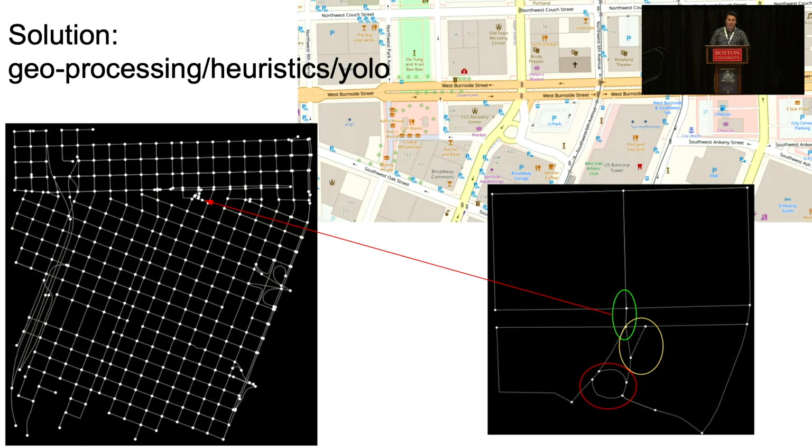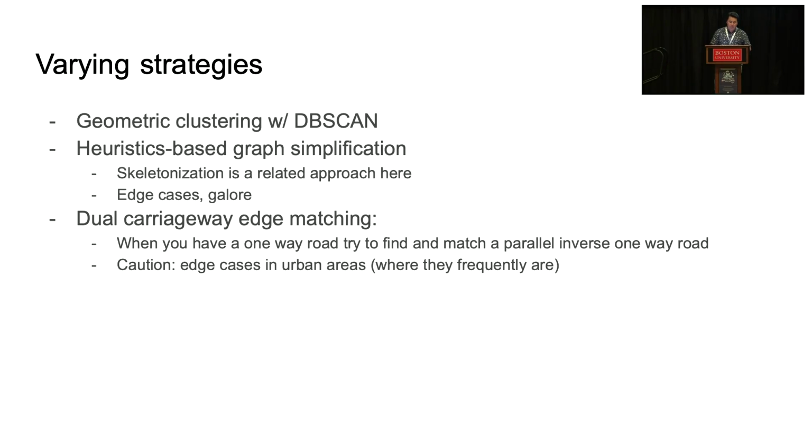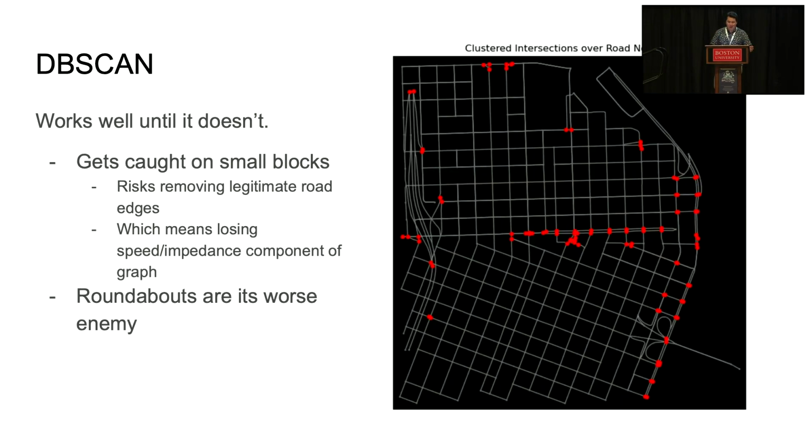And all of them have edge cases and are dangerous to do blindly on production global scale data. The most common pattern that we've attempted is DBSCAN, and then we use heuristics as well, like skeletonization, as well as dual carriageway specific edge matching, which is when you know it's marked as a dual carriageway, you can start to do operations on that. However, the tag is not reliable, so we can't stick with that.